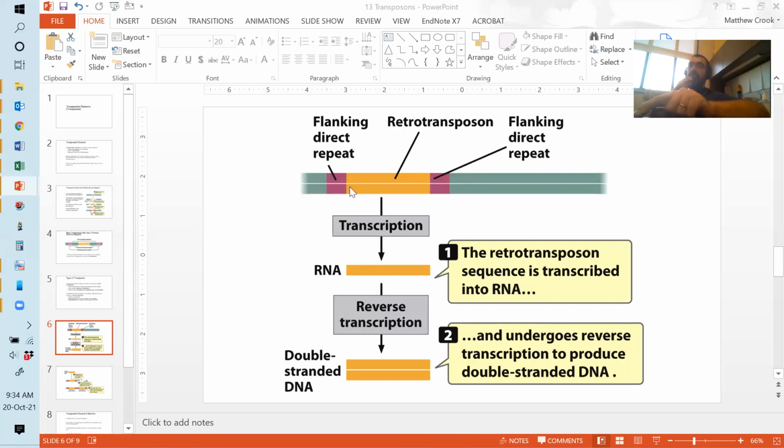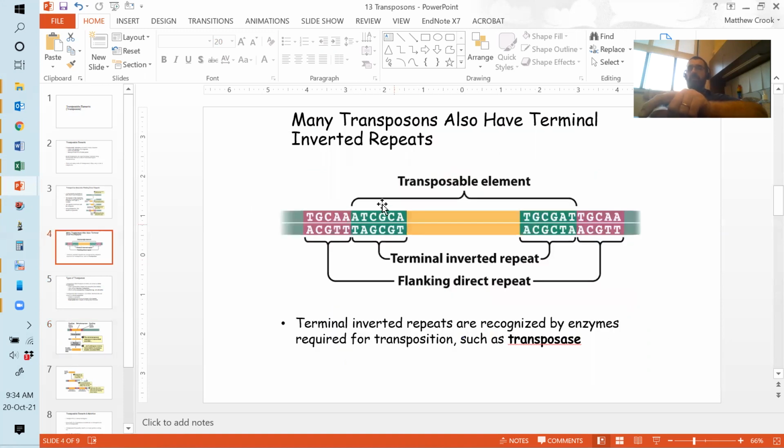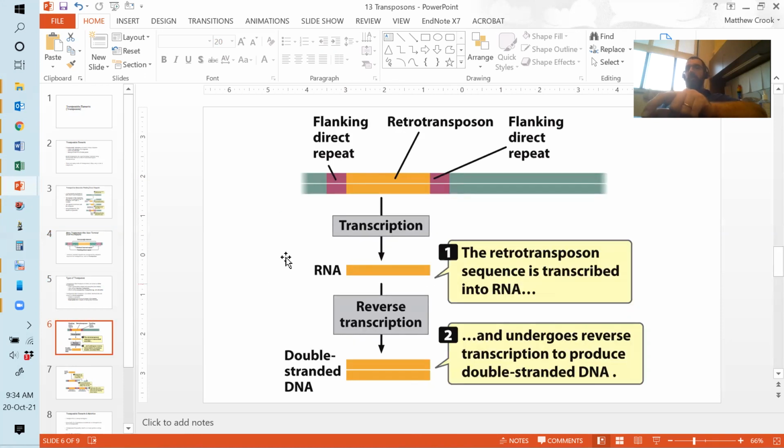And they do that by transcribing themselves, right? So using host machinery to make an RNA copy of the transposon. And so that's with terminal inverted repeats, the bit of the DNA encoding whatever's necessary, like the reverse transcriptase and the transposase.